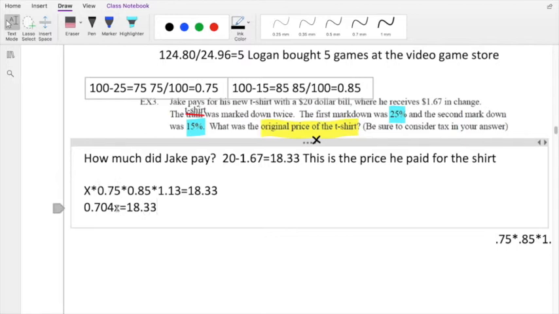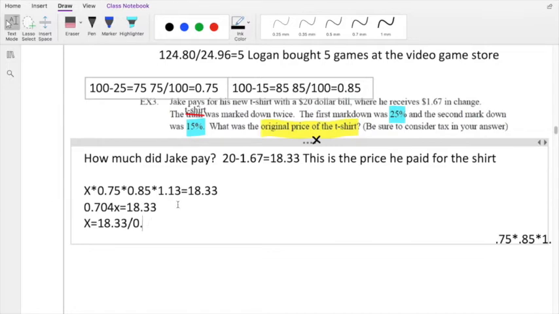Here's our coefficient, right? So we're just going to move that over to the other side. So that's going to equal x equals 18.33. That's a multiply on this side, so when it comes over, it's going to become a divide, 0.704.